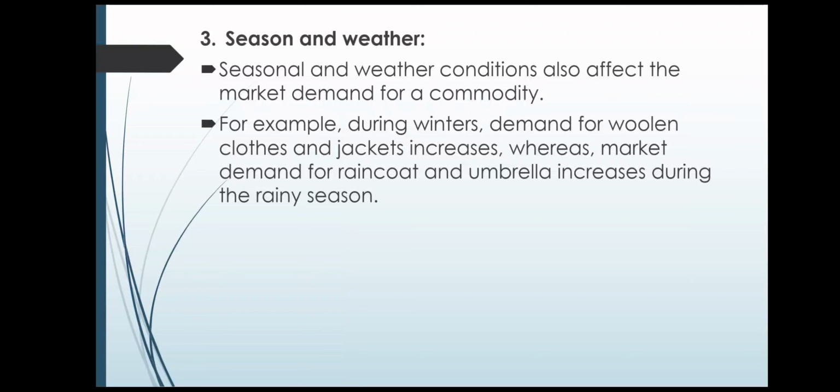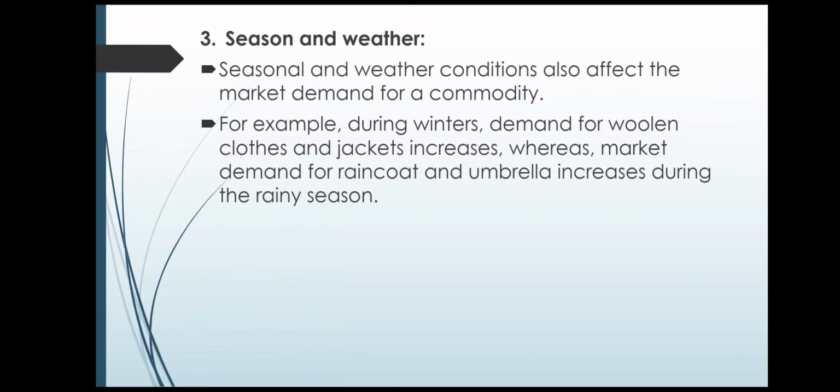The third determinant is season and weather. Seasonal and weather conditions also affect the market demand for a commodity. For example, during winters, demand for woolen clothes and jackets increase, whereas market demand for raincoat and umbrella increases during rainy season.